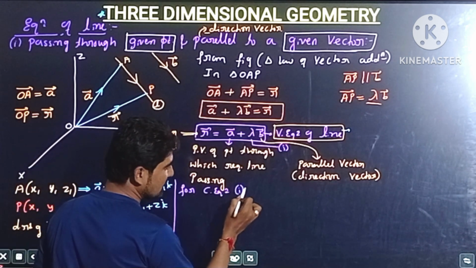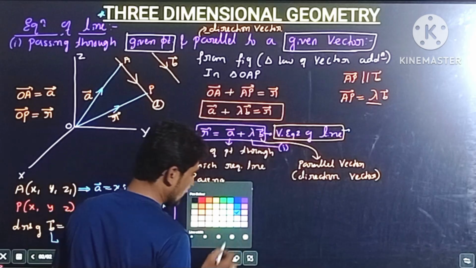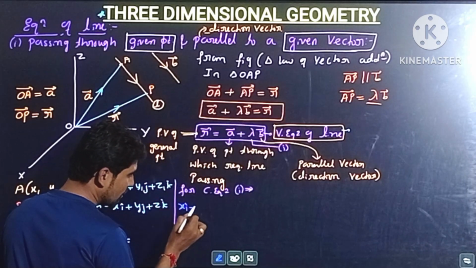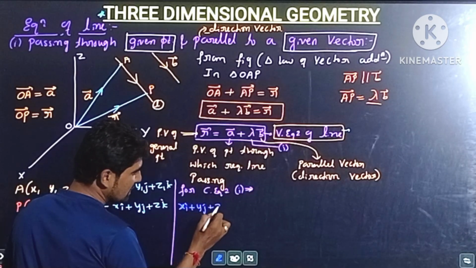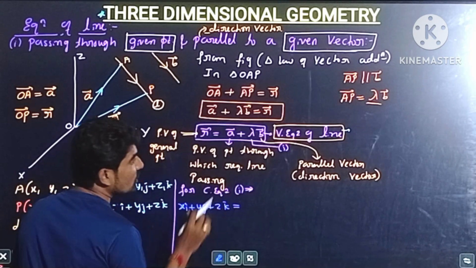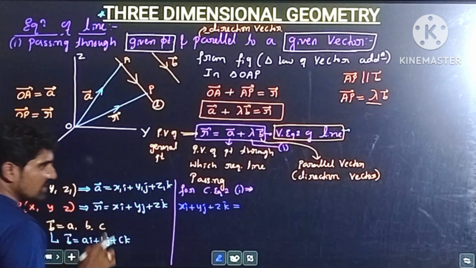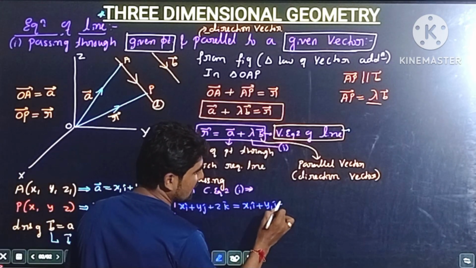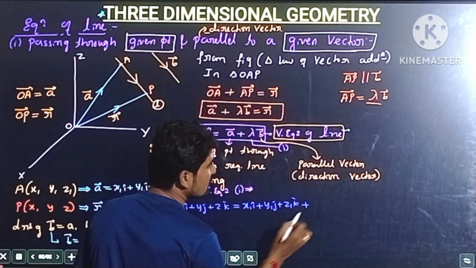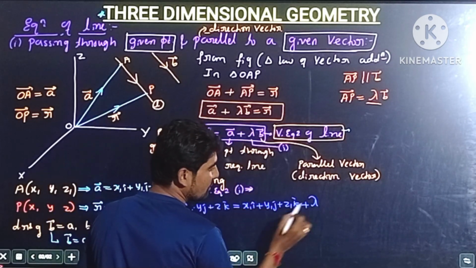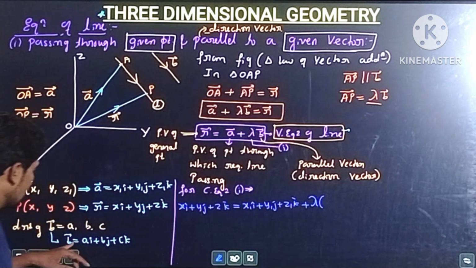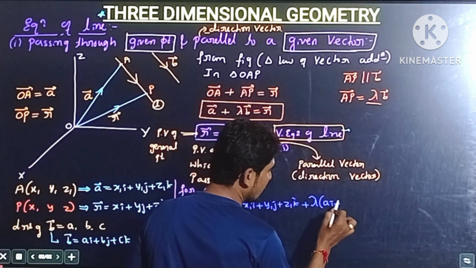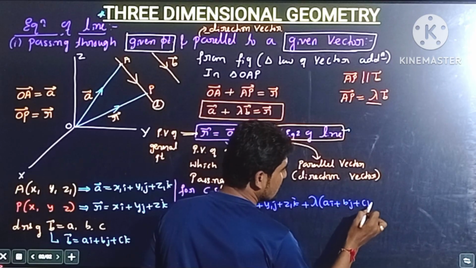Therefore the first equation implies x i plus y j plus z k is equal to x1 i plus y1 j plus z1 k plus lambda times B vector, where B vector is a i plus b j plus c k.